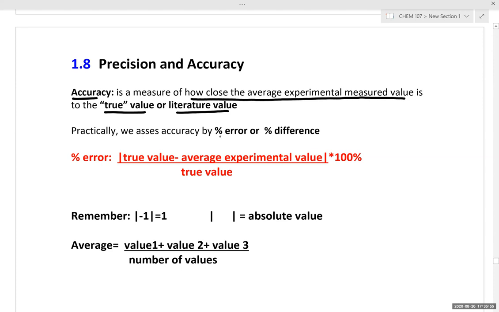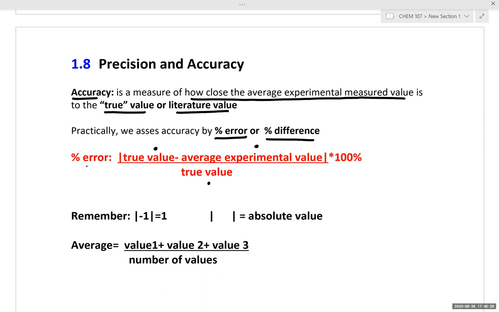We assess accuracy using percent error or percent difference, where percent error is the absolute value of the true value minus the average experimental value over the true value, times 100%. These vertical bars represent the absolute value, which means no matter if this number is negative or positive, you always write out the positive value. Percent error is always going to be a positive number.